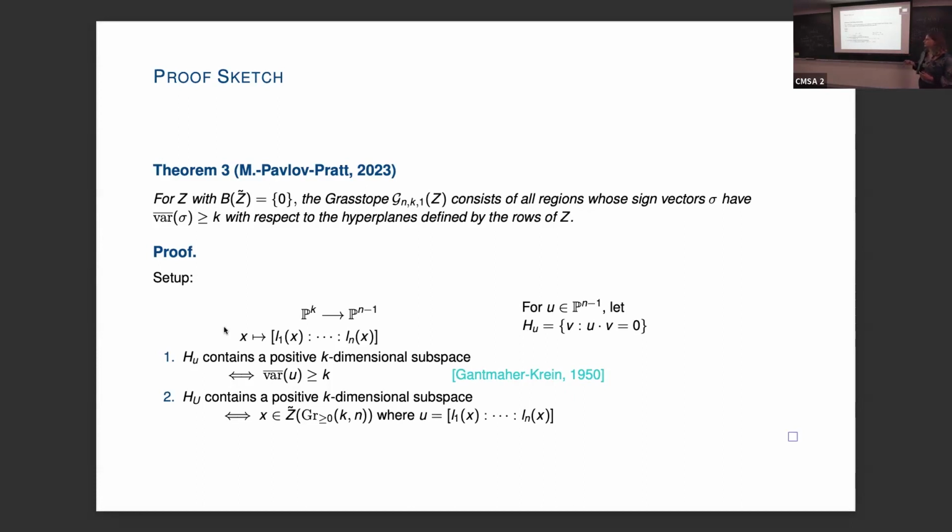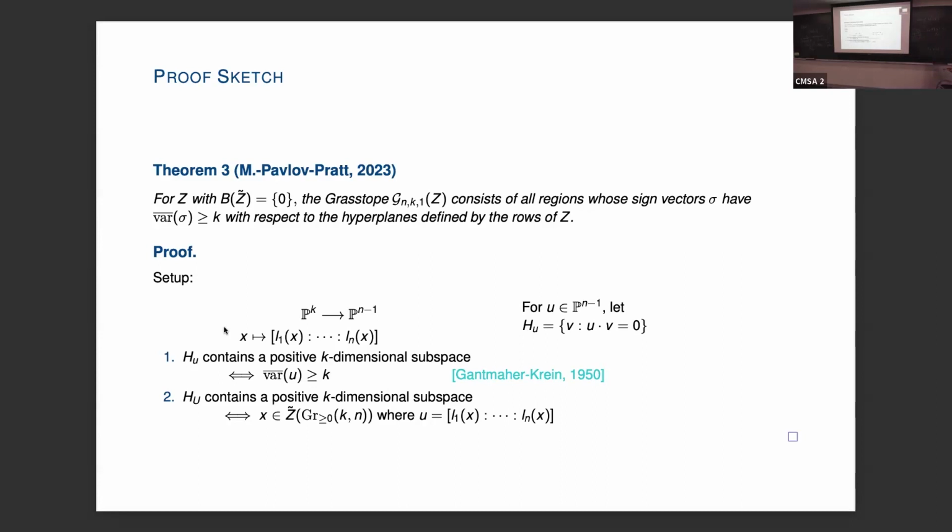And then we show that this hyperplane in P to the n-1 contains a positive k-dimensional subspace if and only if bar of the point U corresponding to the hyperplane, so it's a dual point, is at least k. And this basically just comes easily from a result of Gantmacher and Krein, some mathematical physicists that were there in the very early years of the study of positivity.